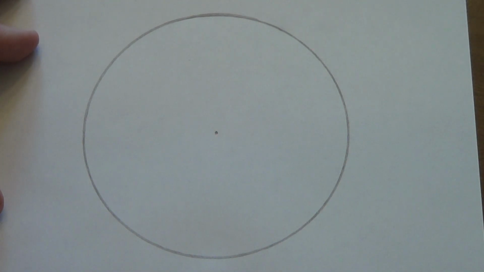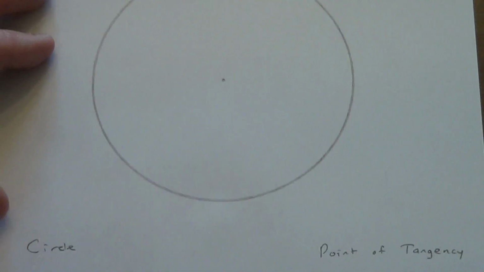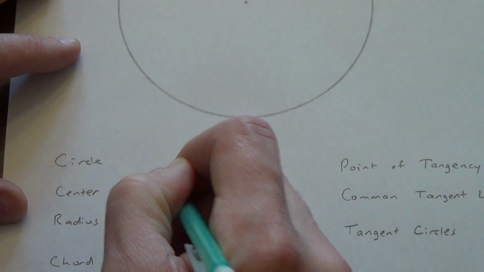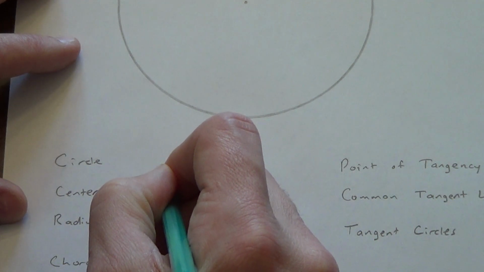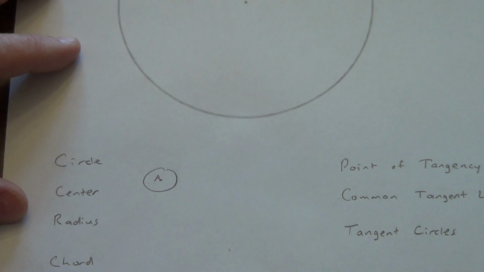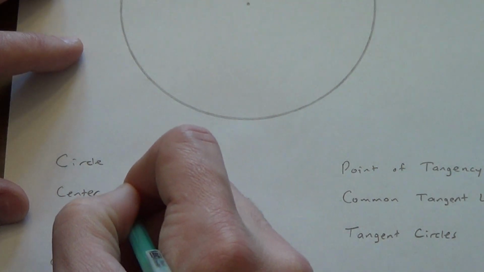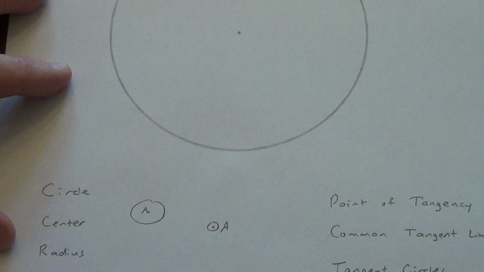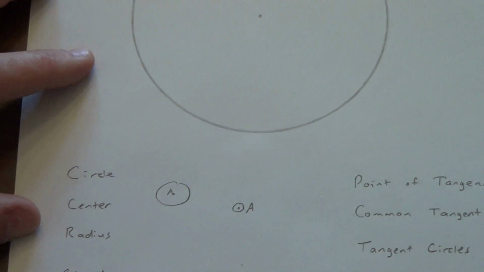Okay, now to name a circle, let's say I draw a real quick one here, and let's call the center A. A is that point right there. To name a circle, all we do is write circle A. Okay, can you guys see that? I'm going to zoom in a little bit here.